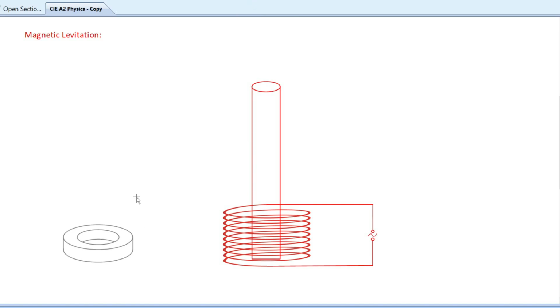So basically, if you have a coil here which has an alternating current source, so the current keeps going clockwise, then anti-clockwise, creating a changing flux.